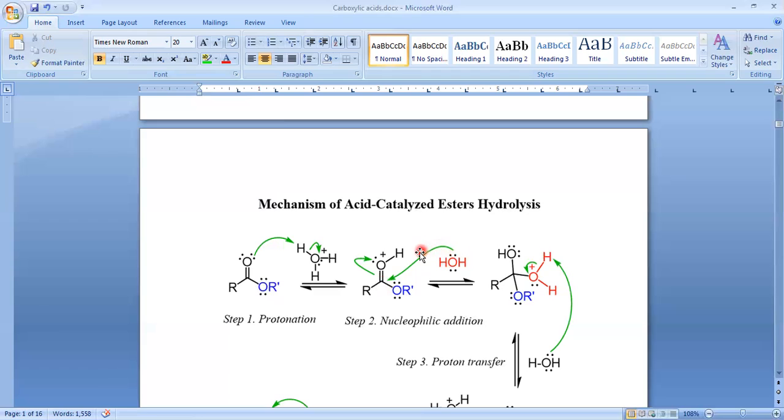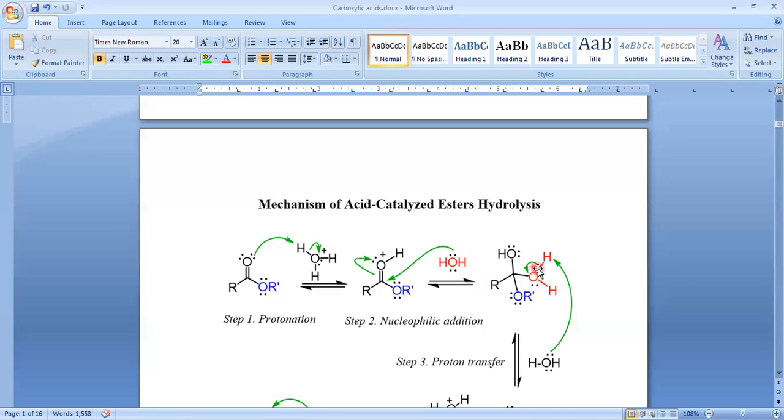So the nucleophile attacks this carbonyl carbon, which facilitates complete displacement of the pi electrons onto oxygen. Thereby this positive charge is diminished. At the same time, the oxygen of the water molecule acquires a positive charge. Having a positive charge on the oxygen atom, it is a hydronium-type ion, which is highly unstable.